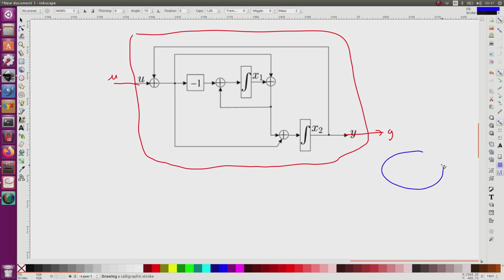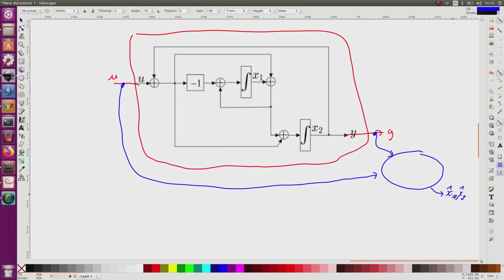An observer is something where the inputs are y, the output of the system, and u, the input of the system, which are assumed to be measured, and the outputs are x hat 1 and x hat 2, which correspond to an approximation of x1 and x2. So this is what I want to build, and it is called an observer.